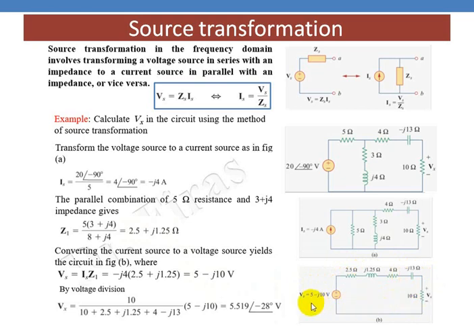The formula will be 5 minus j10 multiplied by this resistance, that is 10 ohms, divided by the sum of all the resistances and reactances in the circuit, that is 2.5 plus j1.25 plus 4 minus j13 plus 10. So this gives you a value of 5.519 at an angle of minus 28 degrees volts.